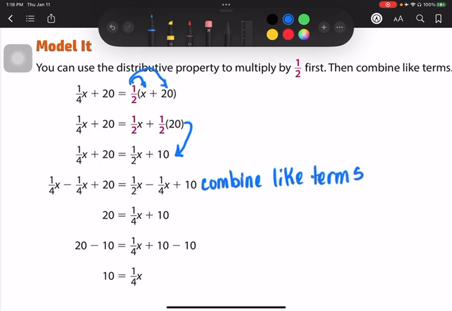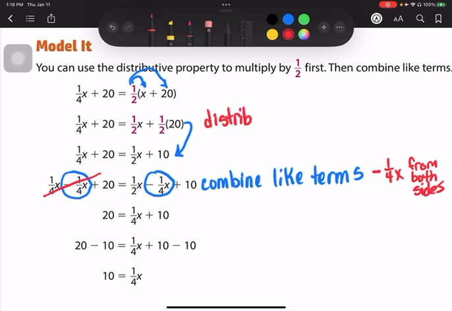When like terms were combined, they subtracted 1/4 x from both sides, which got rid of the 1/4 x on the left. I'll add to the beginning of this line so you know what they did.